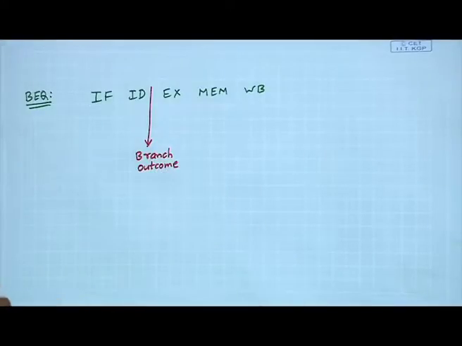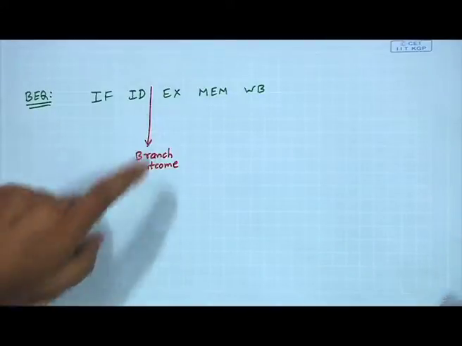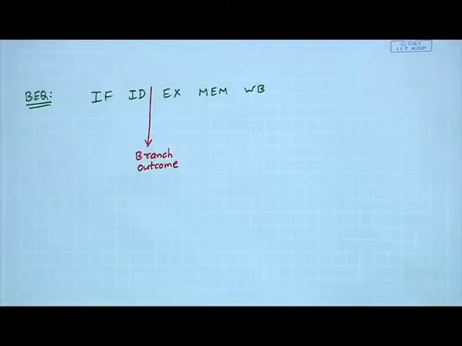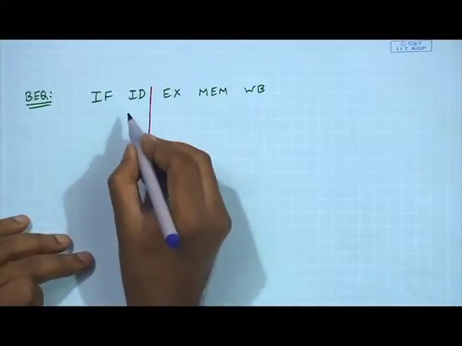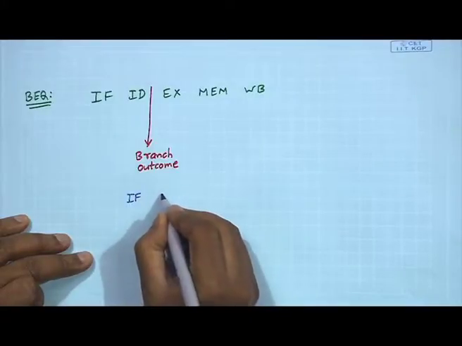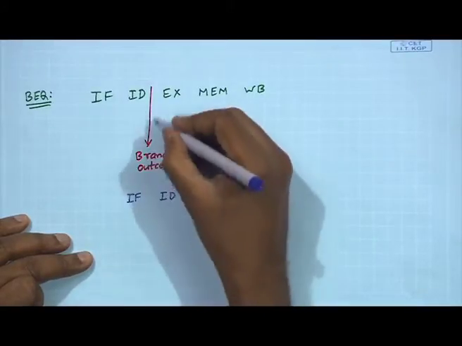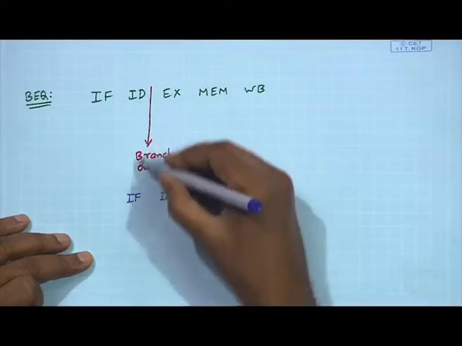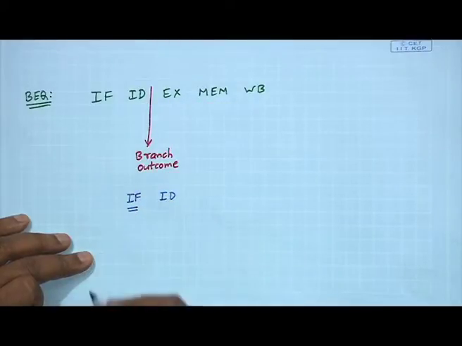So, all your decision will be here, but because you will be fetching the next instruction immediately, and the branch outcome is known later, maybe this fetching will be wrong.